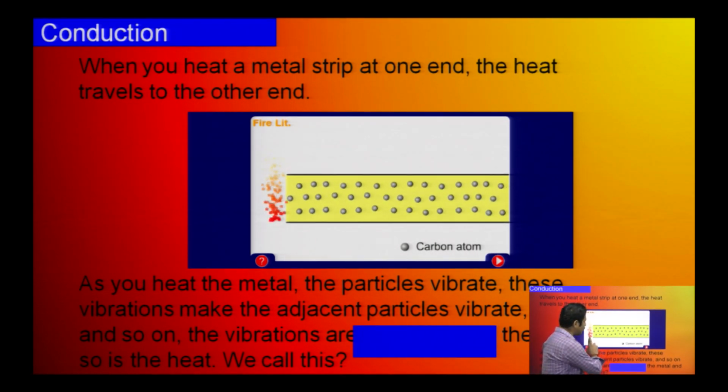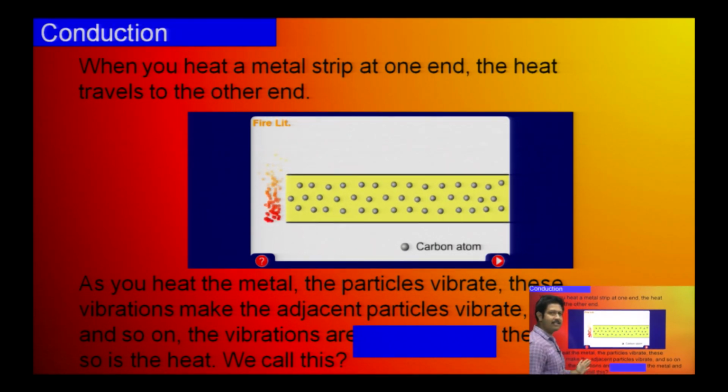Suppose this is point A, so the energy picked up by one last electron, the electron that is in the unstable shell, is constantly changing its motion and getting transferred from point A to point B. So this is how conduction happens.